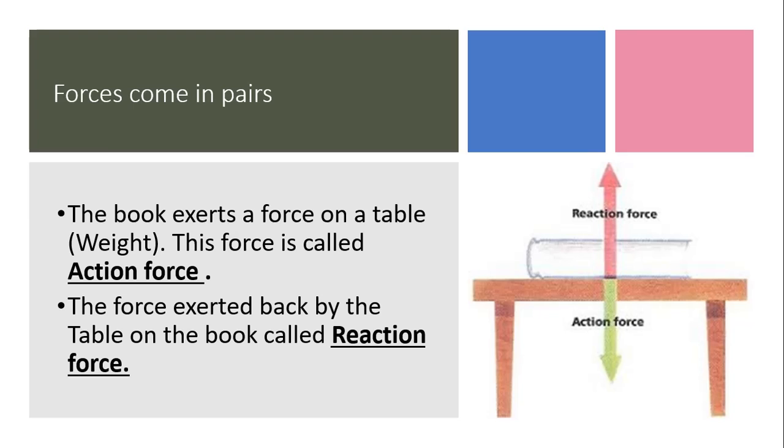So for every action, there is an equal and opposite reaction. This is what Newton's third law states. And because these forces are equal, nothing is moving, neither the desk nor the book. So this is how we understand that an object remains standing still, right?